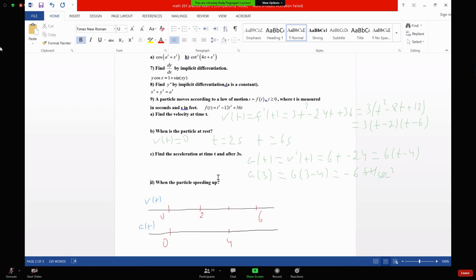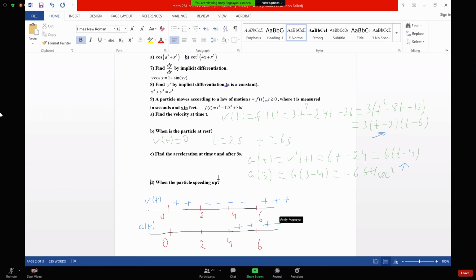v(t) is positive when t is greater than 6. So it's positive here. It's negative between 2 and 4. So if you plug in 3, you plug it into this one. That's your v(t). So you have negative, then you have positive here. Now a(t). Now plug into this one. Greater than 4 is positive.